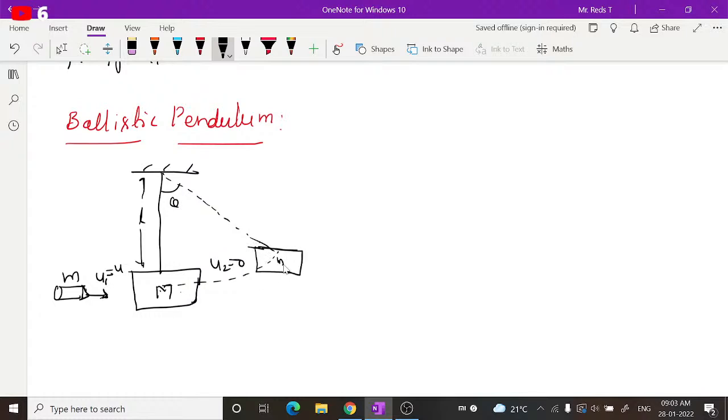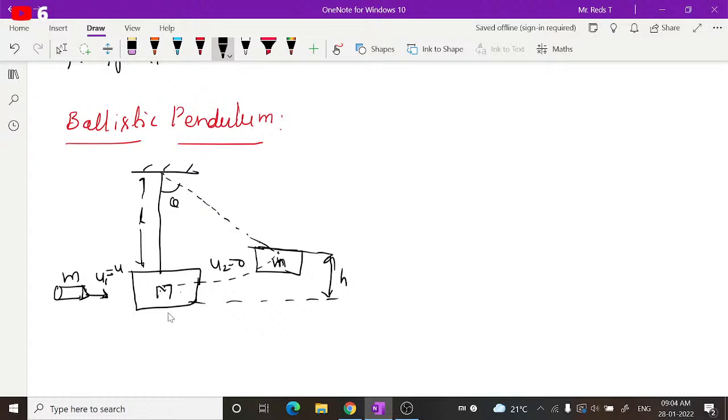When it is here, the combined mass has been raised from the horizontal level to a height h. That means before collision the block is at rest and the bullet is moving. Just after collision both stick together and move. That is one condition.